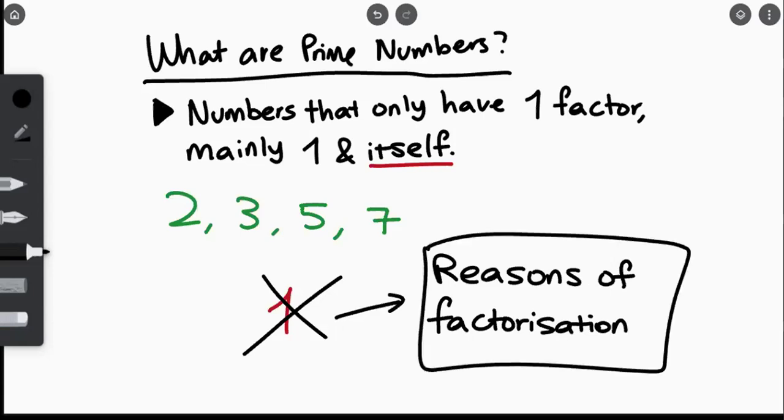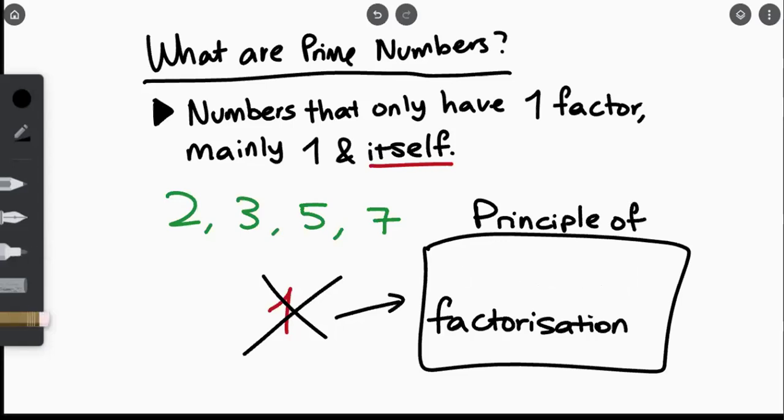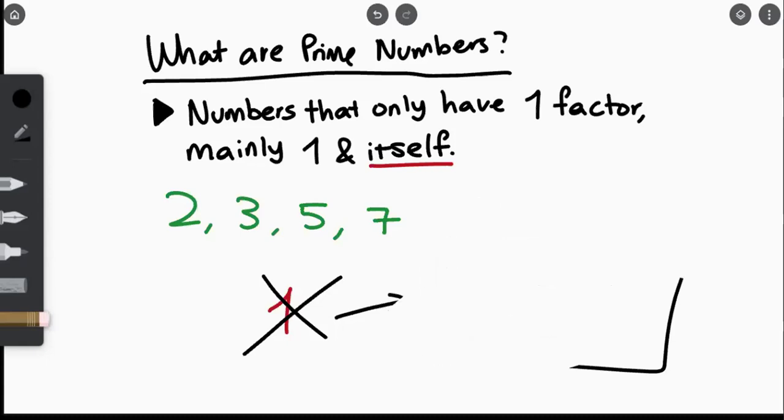For those who are more advanced in your mathematics, there's actually a correct answer to this, but this is a general way of how you explain when the question asks why 1 is not a prime number.